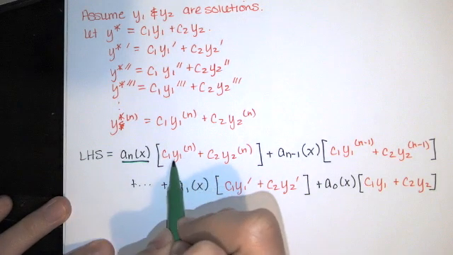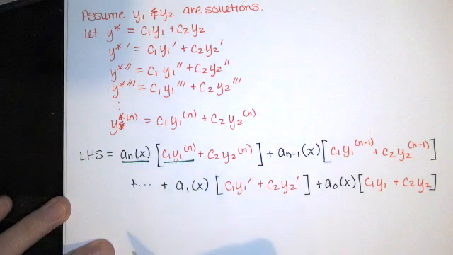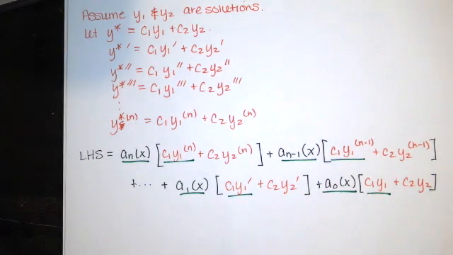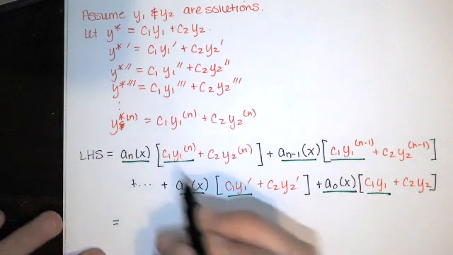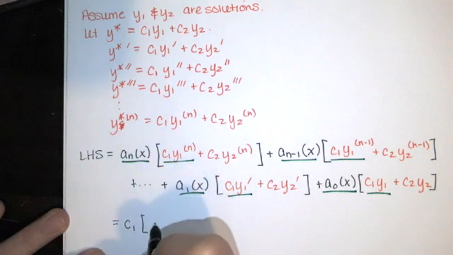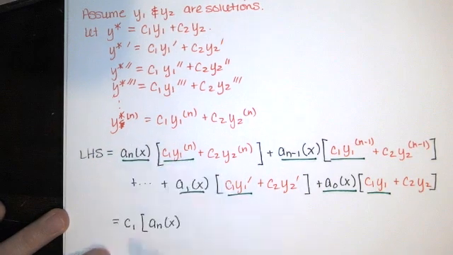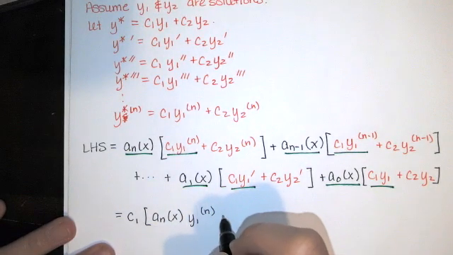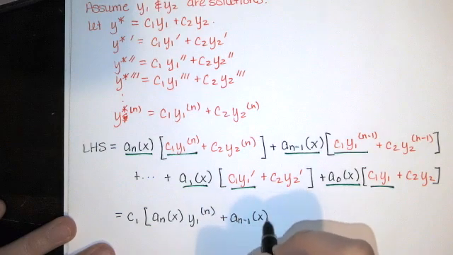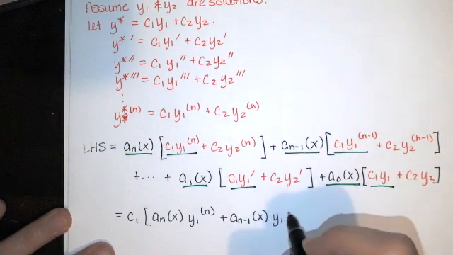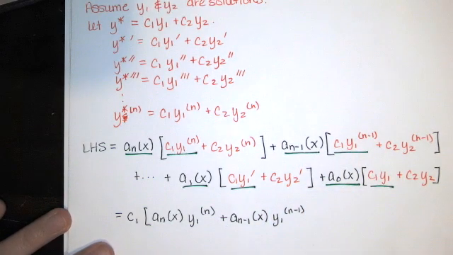I'm going to focus on the C1 terms. I've got this one times this one with a C1, and then this one times this one with a C1, and so on. And so if we reorganize this and we factor out that C sub 1, we have C sub 1 times the nth coefficient function times the nth derivative of y1 with respect to x, plus the n minus 1th coefficient function times y1's n minus 1th derivative.